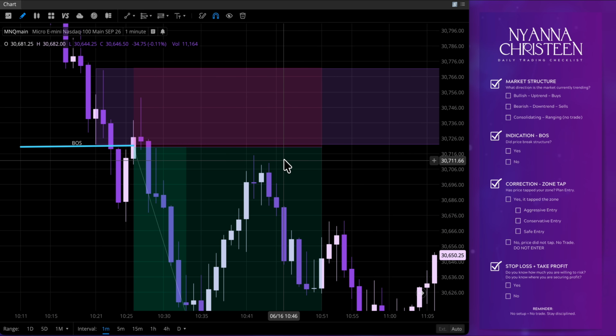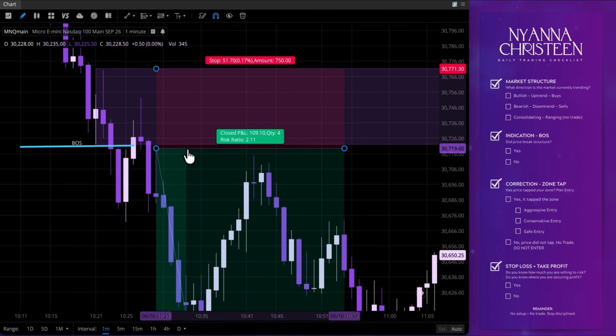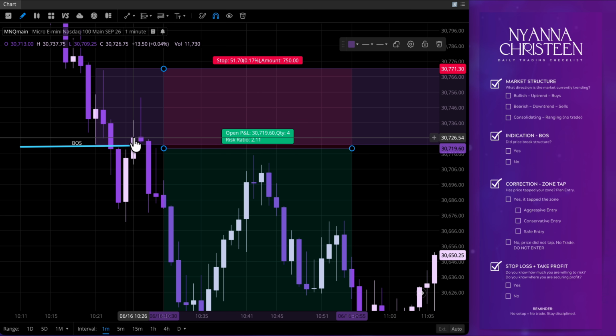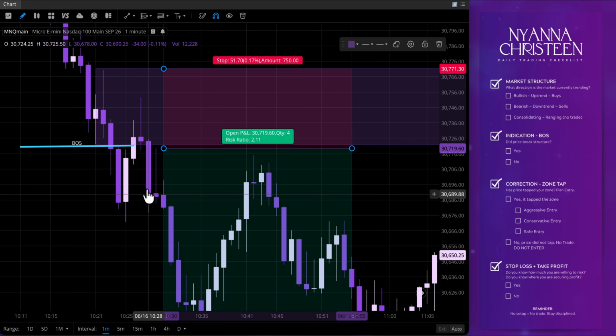That would be aggressive. Conservative would look like price came in, tapped the zone, and closed outside the zone. So for a conservative trader, the price didn't close outside the zone until here, because in a selling candle, price opens at the top and closes at the bottom because price is pushing down.